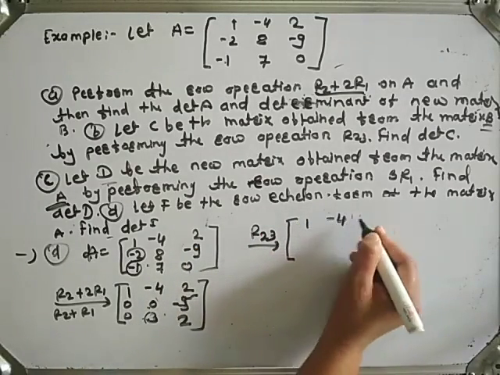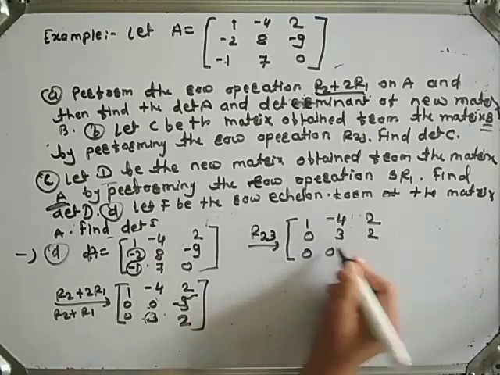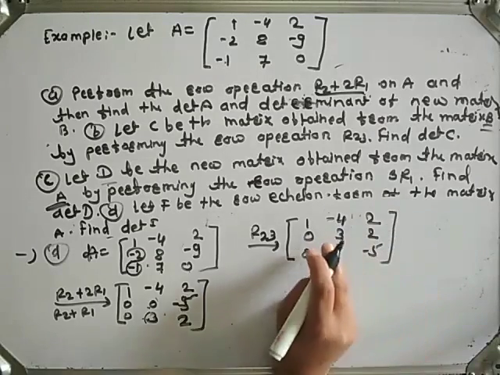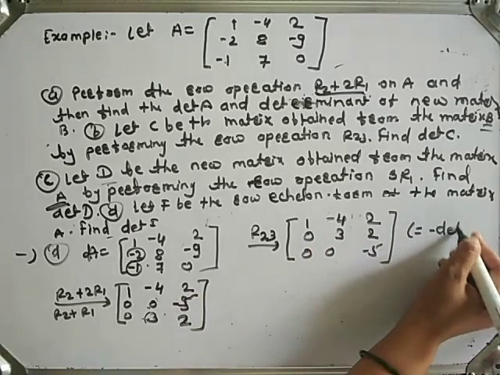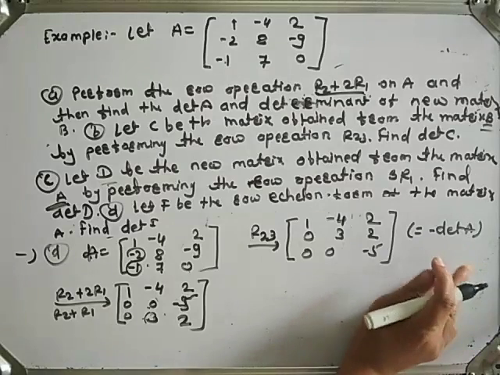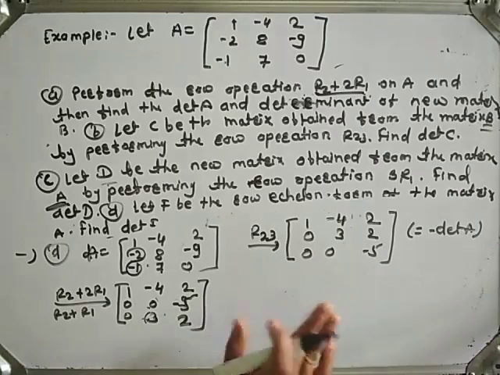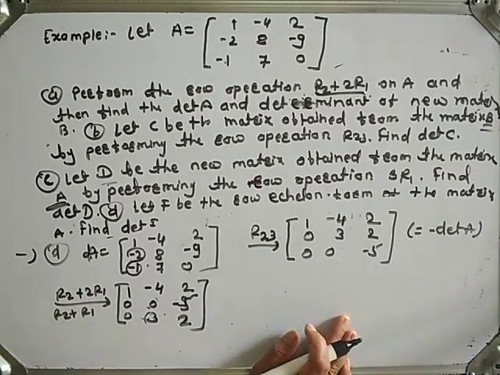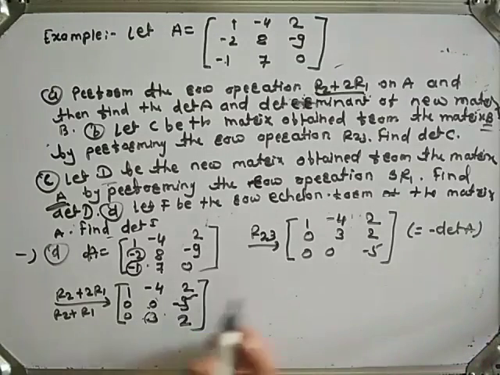So 1, -4, 2; 0, 3, 2; 0, 0, 5. In this case your determinant will be minus determinant of A. We have already seen that if two rows of a matrix A are interchanged, the determinant of the new matrix is minus the determinant of the original matrix.